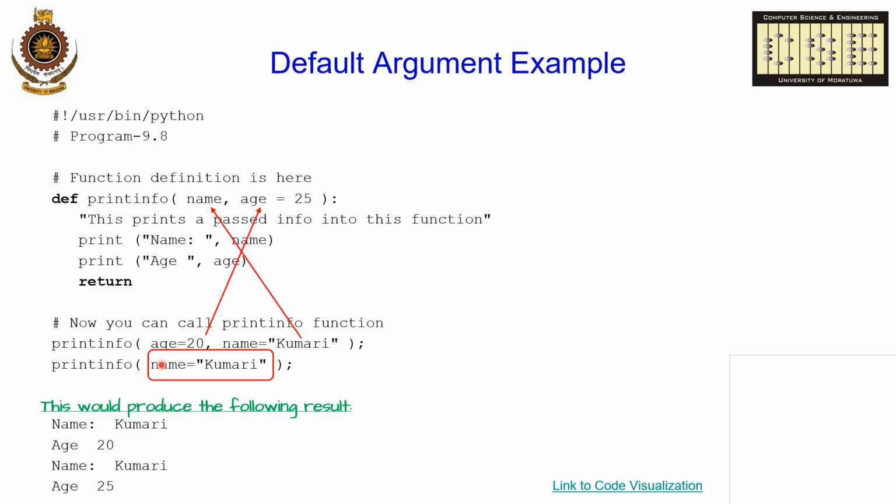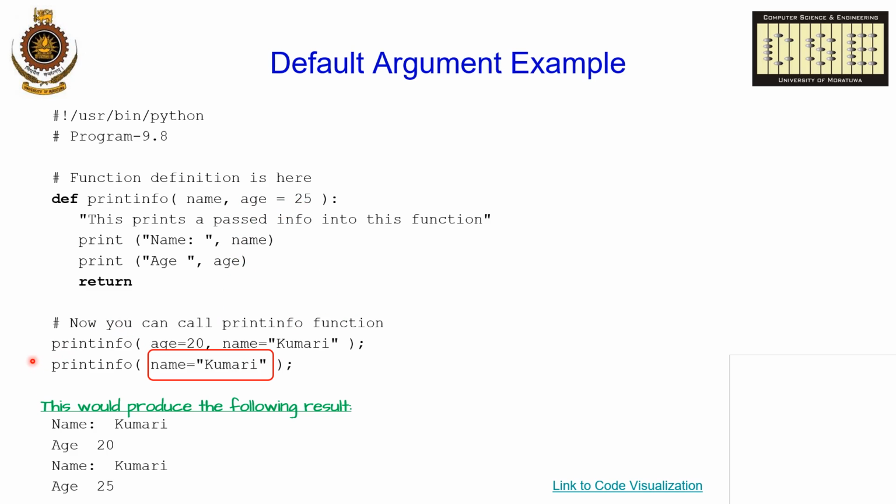Next time we call it with just one argument, name equals Kumari. We don't provide anything for age. So let's see what happens. Name we have given as Kumari, and age we have not provided when we call the function, but there's a default value.